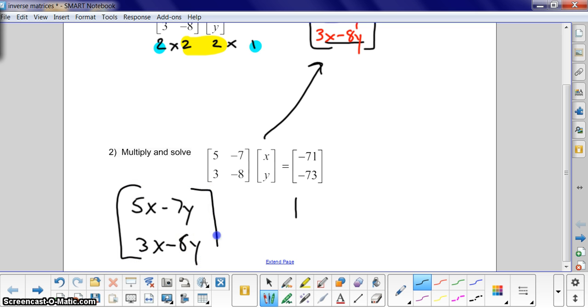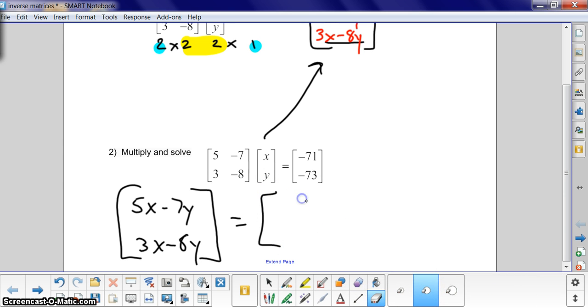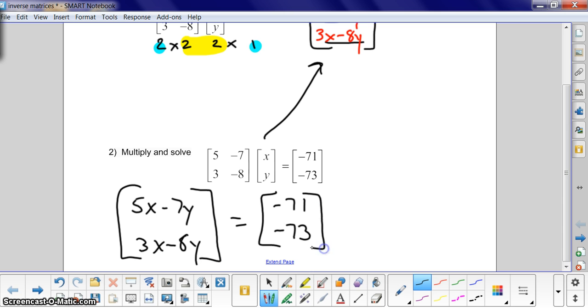And this is a 2 by 1 matrix, and that's going to equal this 2 by 1 matrix, which is negative 71, negative 73. So your instincts are probably right on, telling you that if this 2 by 1 matrix is equal to this 2 by 1 matrix, then 5x minus 7y probably equals negative 71, and 3x minus 8y equals negative 73.